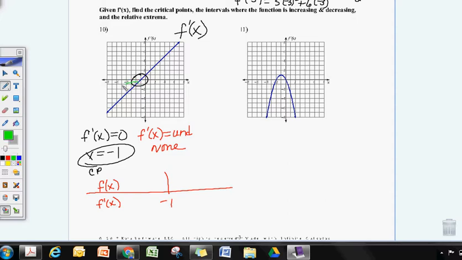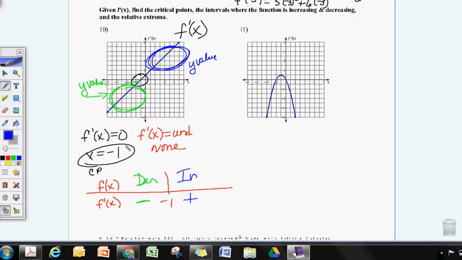So to the left of -1, my y values are negative, which means it's decreasing. To the right of -1, my y values are positive, which means I have increasing.